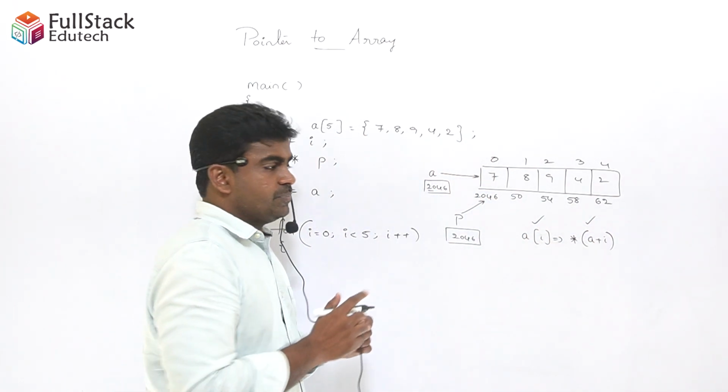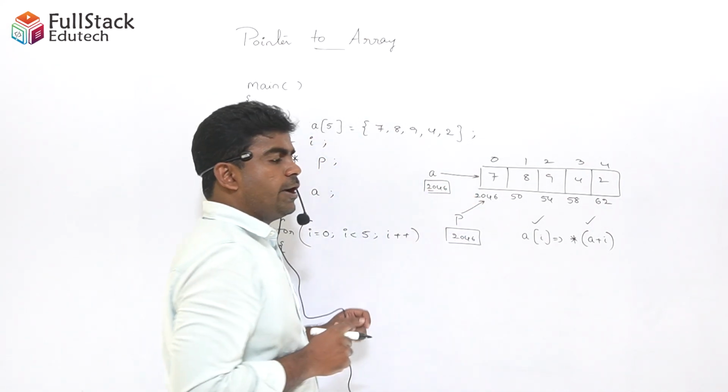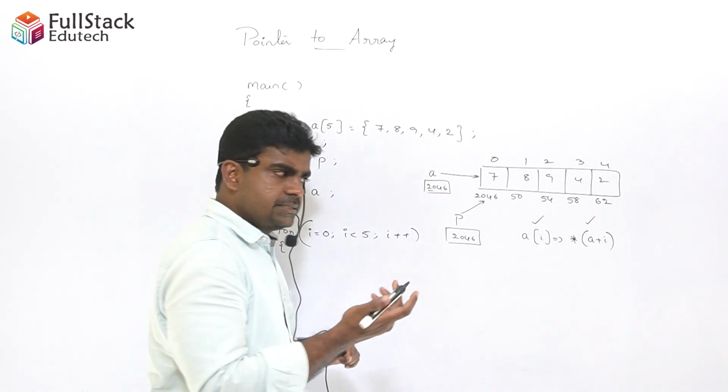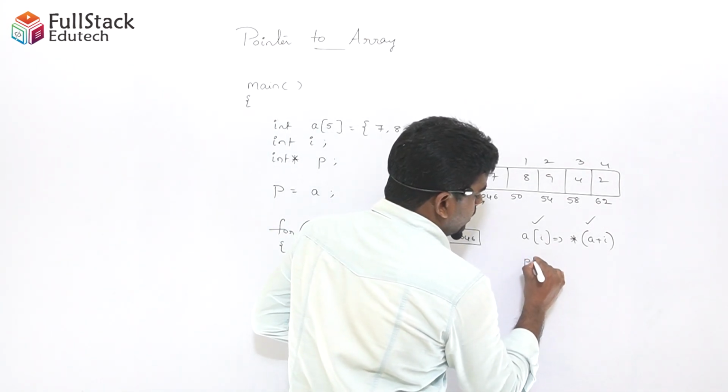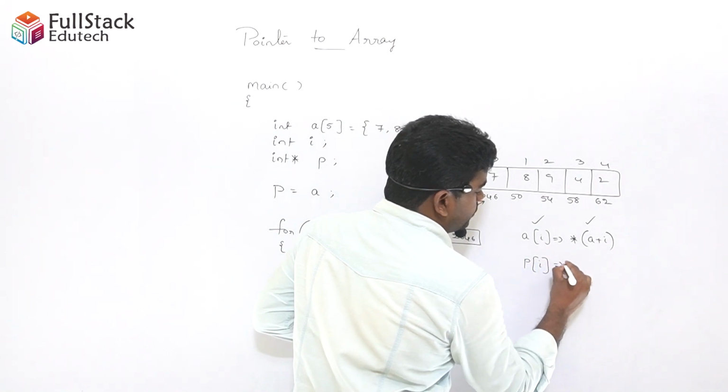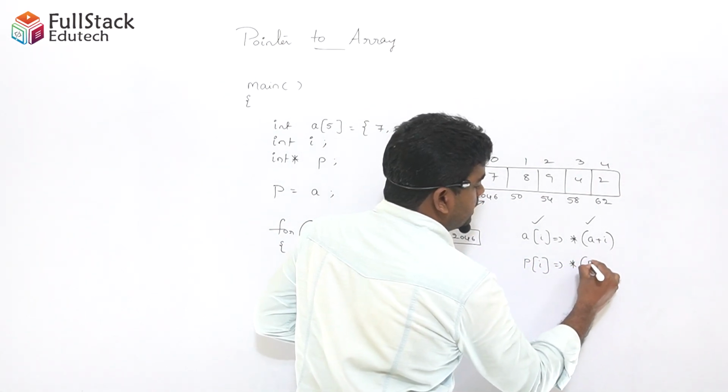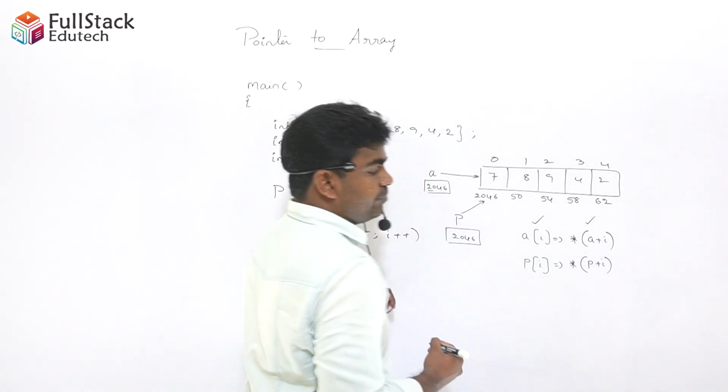In the same way, whenever the pointer is pointing to the array, it is the same thing. Either you can go with p[i] or you can go with *(p + i).